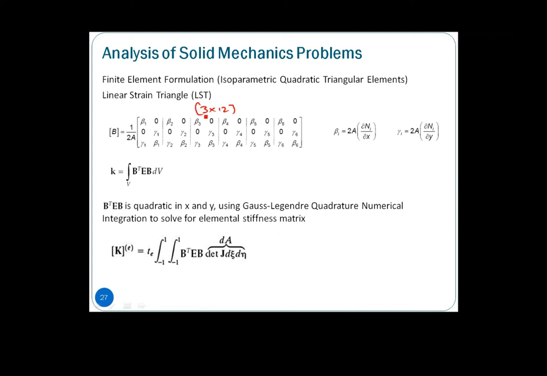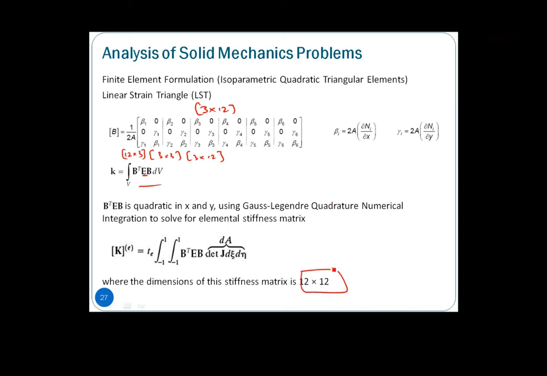All right, so if we have this 12 times 3, our E, the material properties, is still 3 times 3, then 3 times 12, then our stiffness matrix here is a 12 times 12 matrix.